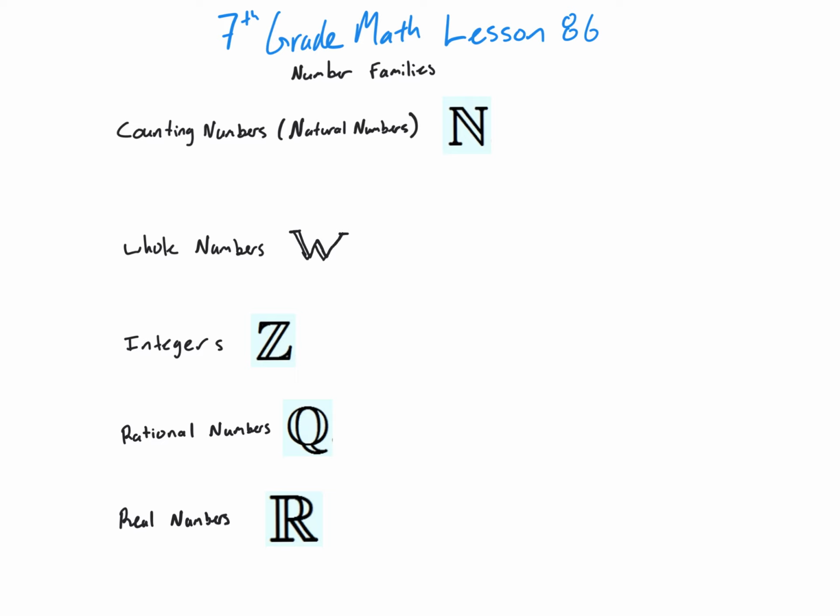So the first set of numbers is what we call the counting numbers, or the natural numbers. This book calls them counting numbers. Every other book I've used calls them natural numbers. But either one of those is absolutely fine. And we use this symbol, this N, which has a double line across it, to abbreviate that.